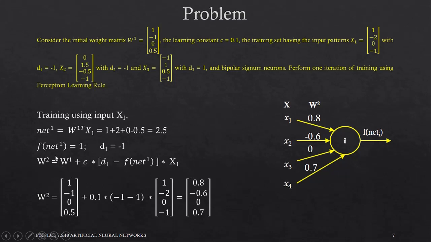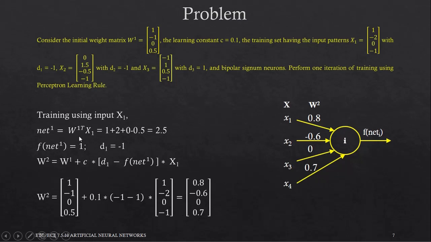It is equal to the old weight vector plus the delta w. Delta w is given by C into (D minus f of net) into x. We substitute all the values and get this as the new vector. Note that the superscript increments every time the weight matrix gets updated.